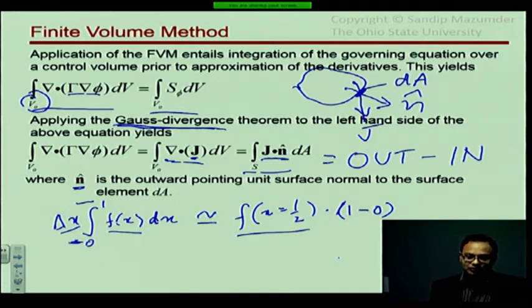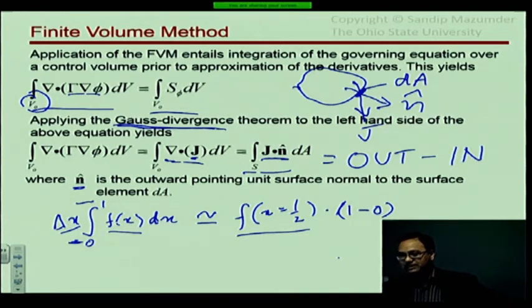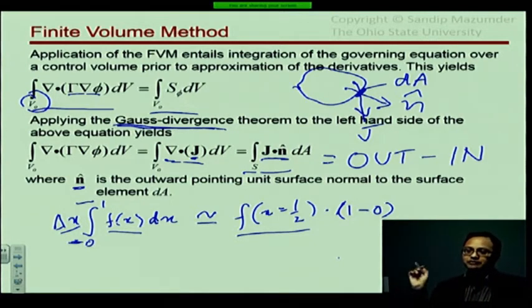Why? Because every nonlinear function can be approximated by piecewise linear functions in the limit that you take the interval to be very small. That's basically calculus itself. That's what calculus tells us.